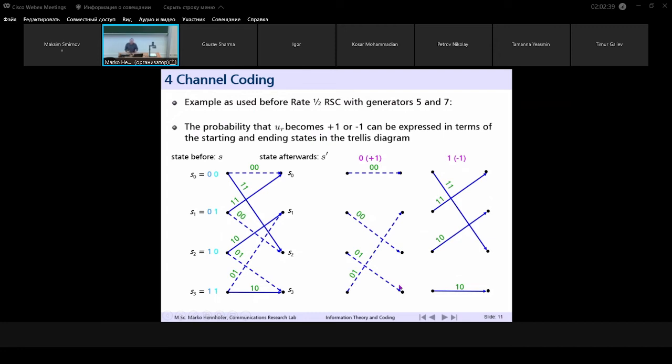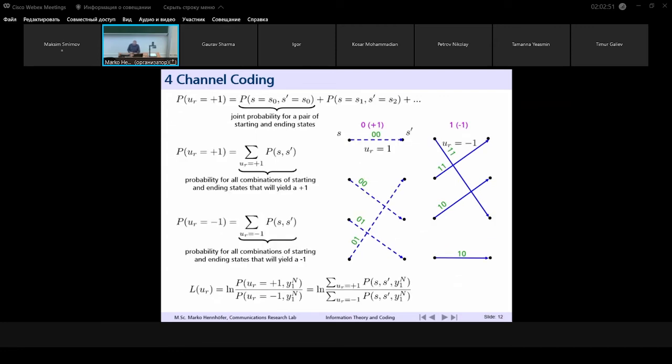So this will be the first step, expressing probabilities for my bits, 0 or 1, in terms of probabilities for pairs of states. Yeah, well, this looks now quite difficult and we go over it fairly quickly. Here, just what I explained right away, probability for certain bit values as sum of probabilities for certain pairs of states.